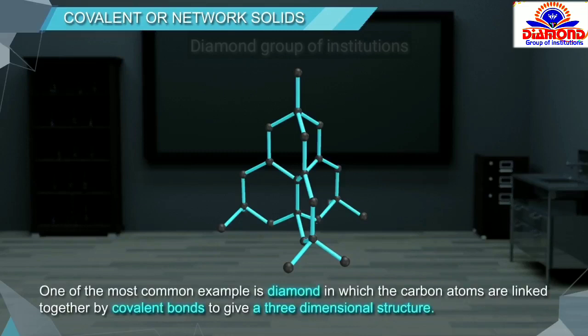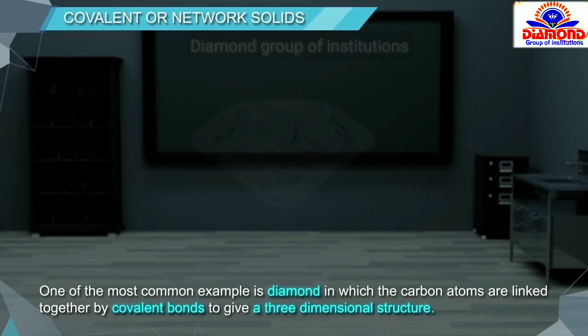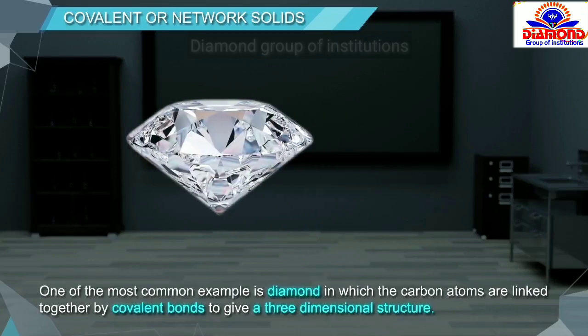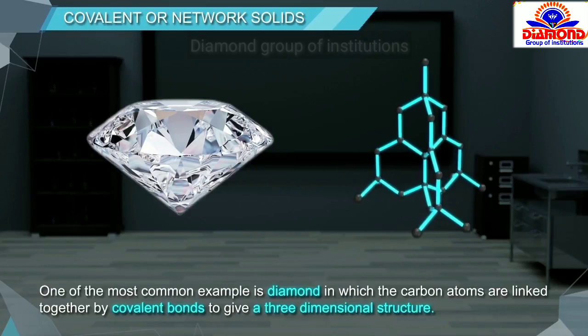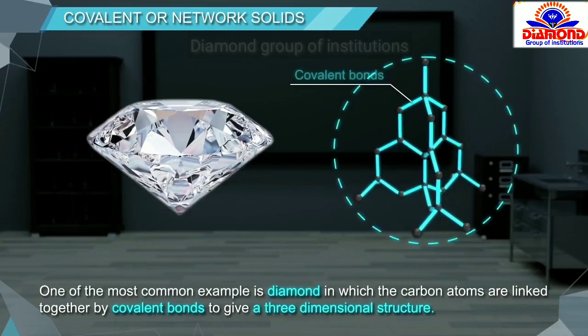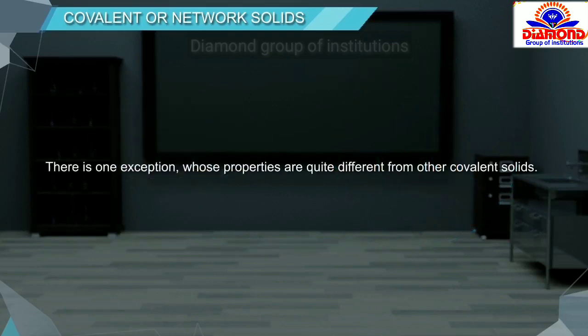One of the most common examples of covalent or network solid is diamond, where each carbon atom is linked together by 4 covalent bonds to give a three-dimensional structure. However, there is one exception whose properties are quite different from the other covalent solids.